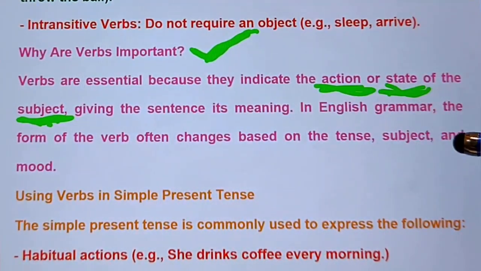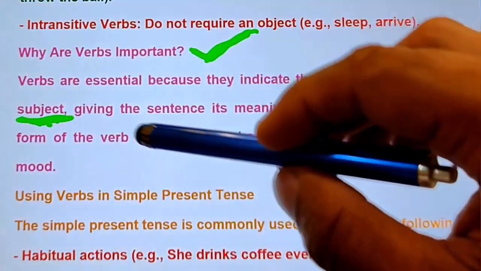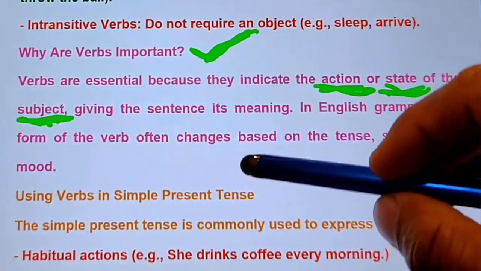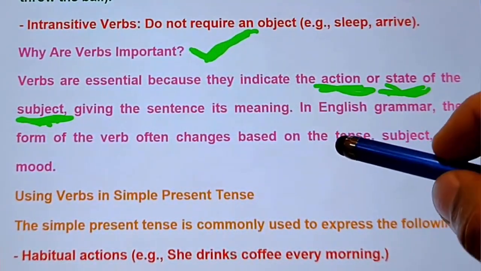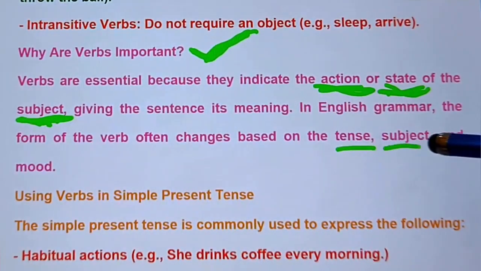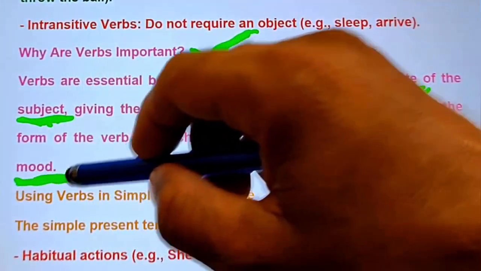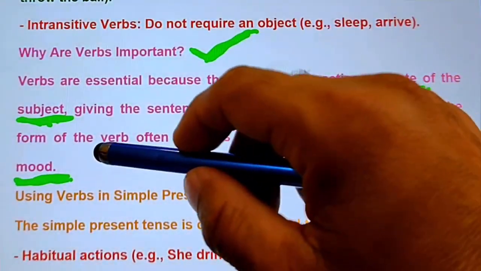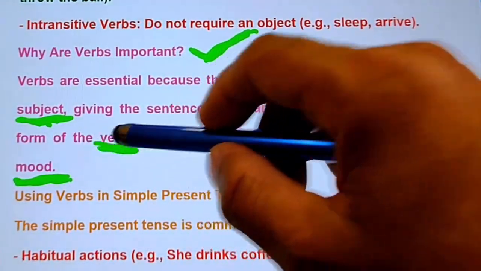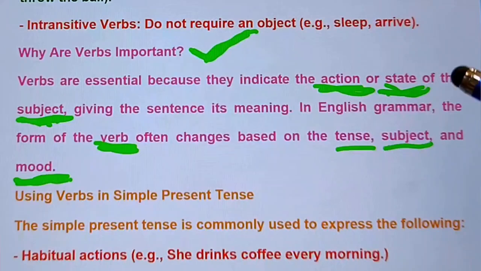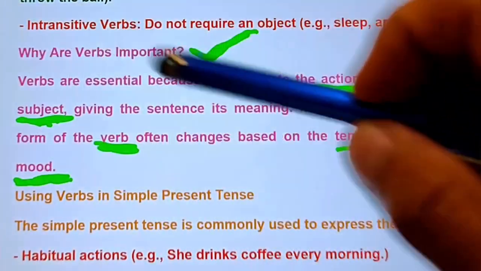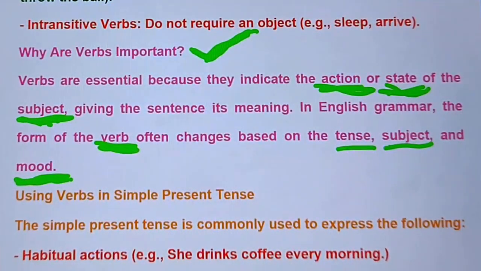In English grammar, the form of the verb often changes based on the tense, subject, and mood. So the form of the verb is changed according to the tense, subject, or mood in the sentence.